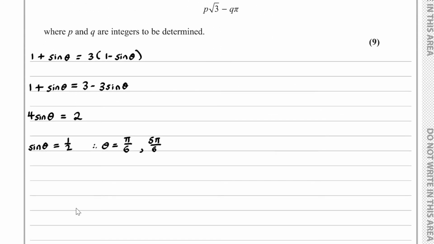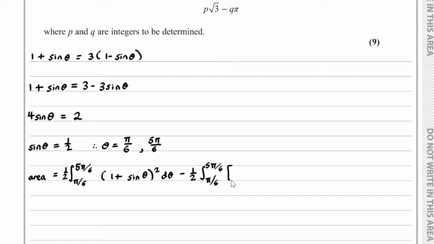So for the area, that's going to be given by, using that formula, 1/2 times by the integral between pi over 6 and 5 pi over 6 of 1 plus sine theta squared d theta minus 1/2 times by the integral between pi over 6 and 5 pi over 6 of 3 lots of 1 minus sine theta and all this is squared.